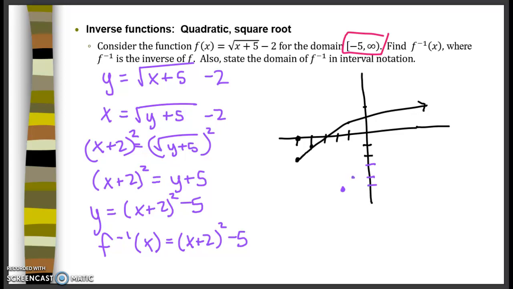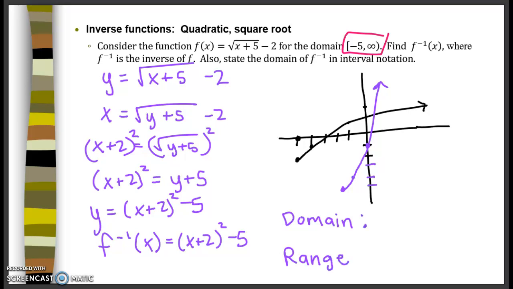And then I could do my flip-flopping of values, and I'll get a graph that looks like this. So what is the domain and range of f inverse? These are both of f inverse.